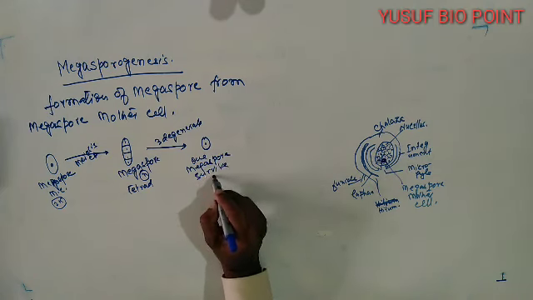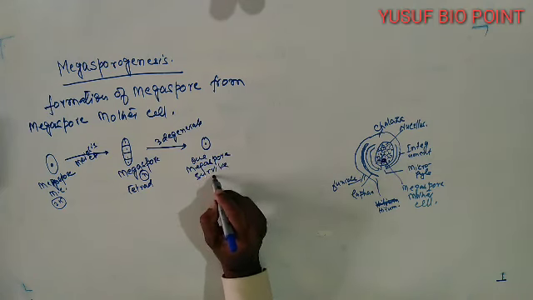Now pollination, that is transfer of pollen grains from anther to stigma is called pollination.